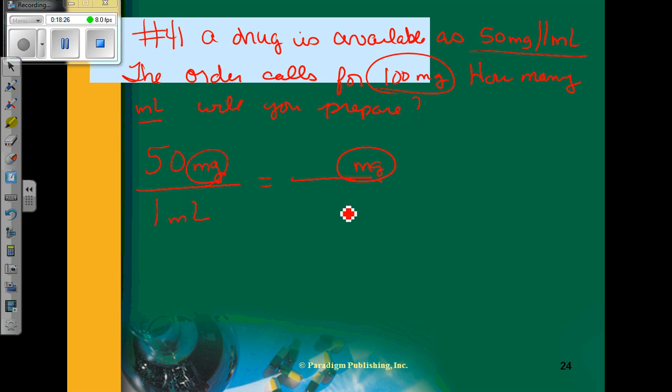And then we're trying to find x milliliters. So you just cross multiply. 50 times x goes on the bottom because we multiplied it by x, it is 50x. 100 times 1 would be 100. Then you can simplify by taking out the zeros, and 10 divided by 5 would be 2 milliliters.